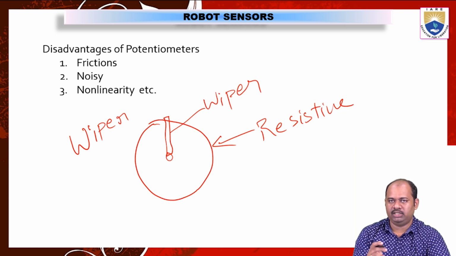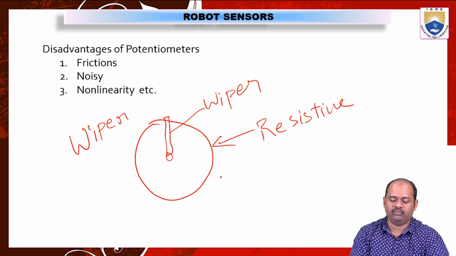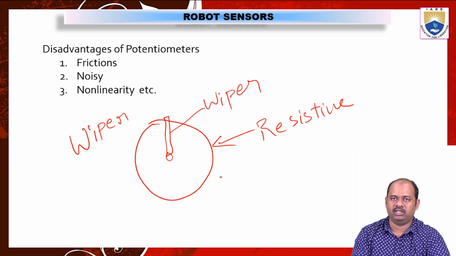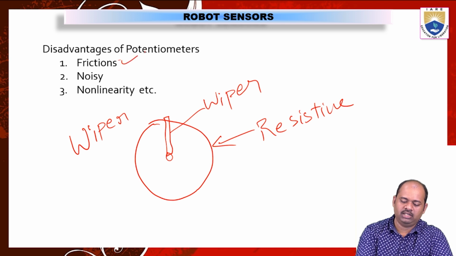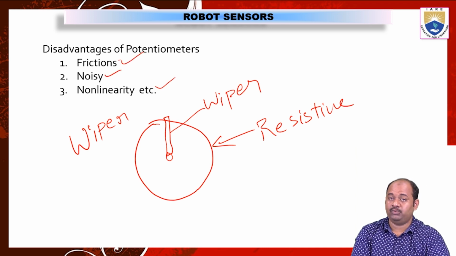One more disadvantage is that the output coming from the potentiometer is very non-linear, because it does not follow a linear path. So these are the disadvantages of a potentiometer used for measuring position.